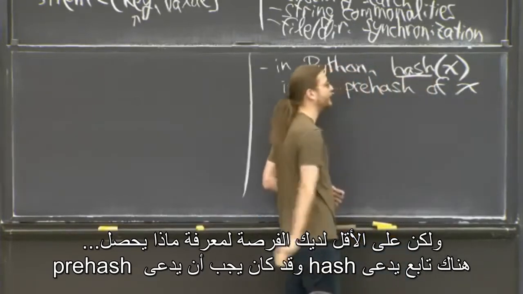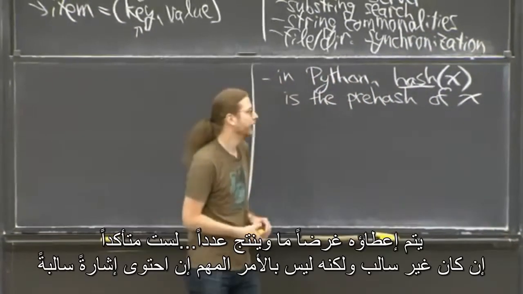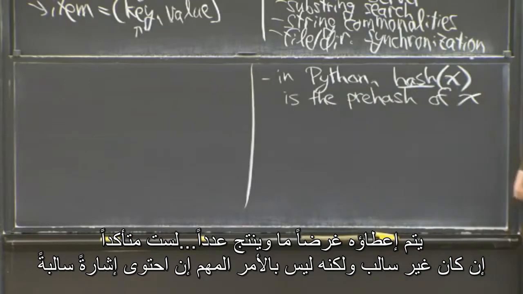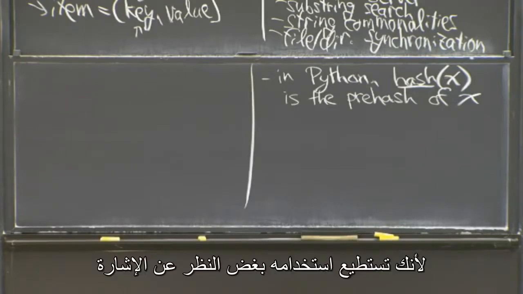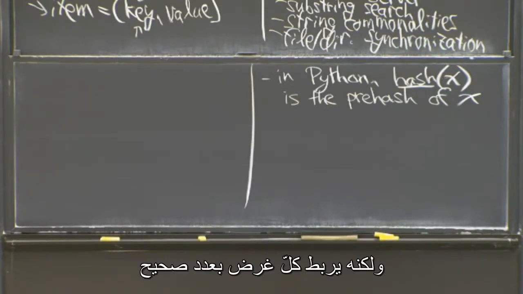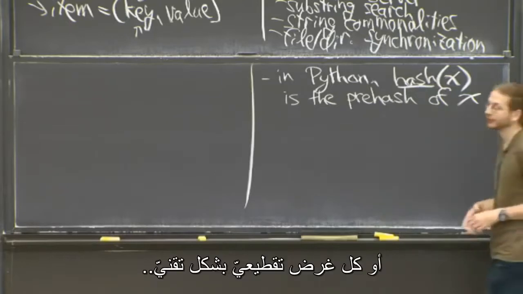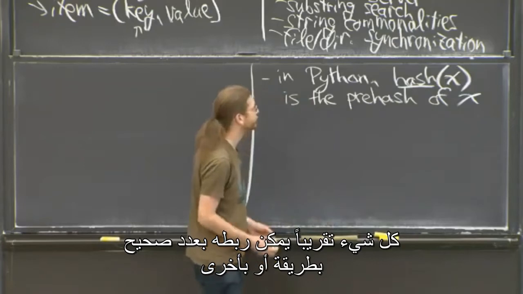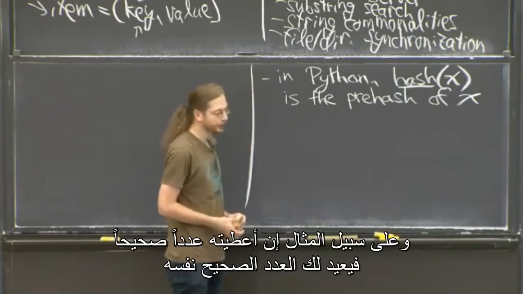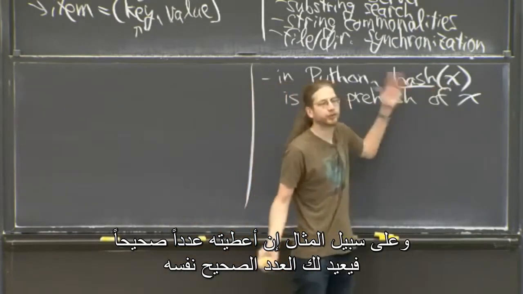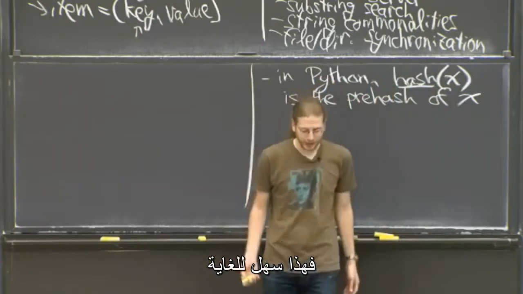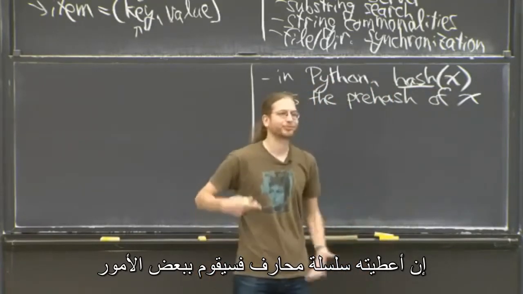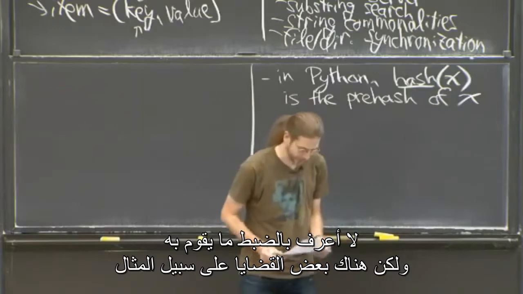There's a function called hash, which should be called prehash. Given an object, it produces a non-negative integer. I'm not sure actually if it's non-negative. It's not a big deal if it has a minus sign, because then you could just get rid of the sign. But it maps every hashable object to an integer. Pretty much anything can be mapped to an integer one way or another. For example, if you give it an integer, it just returns the integer. That's pretty easy. If you give it a string, it does something. I don't know exactly what it does, but there are some issues.